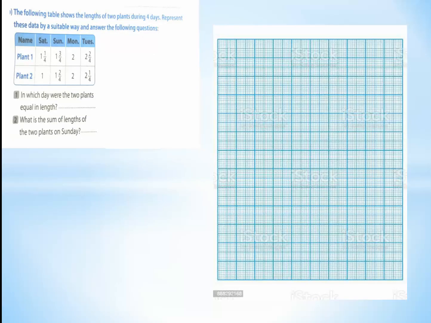Okay, here we have a table to draw the double bars. The following table shows the length of two plants during 4 days. Represent these data by a suitable way and answer the following questions. Plant 1 in Saturday, Sunday, Monday, Tuesday, and so on. Okay, let's draw the double bar. We will draw the two lines. Here we have day and here we have length.